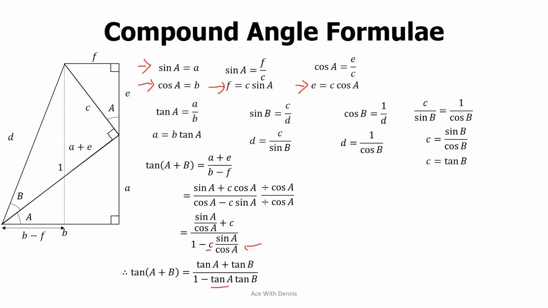C is tangent B. Look at this formula. Therefore, this C will be tangent B. So this is the third formula: tangent A plus B equals tangent A plus tangent B over 1 minus tangent A tangent B.